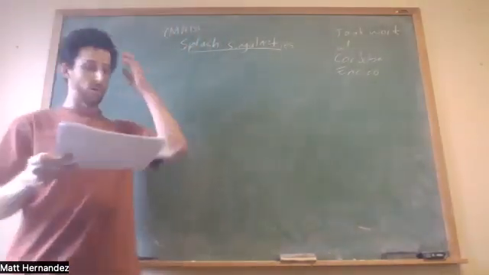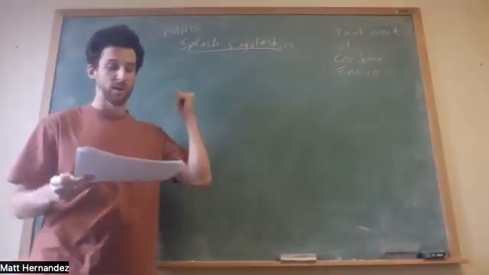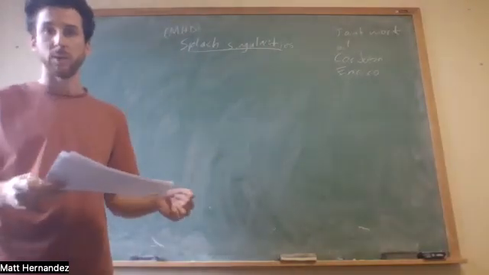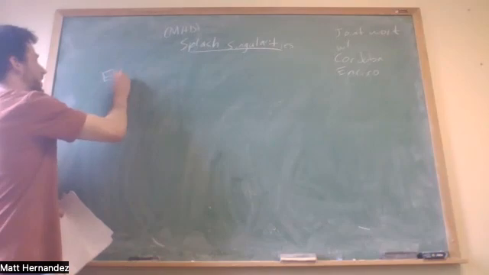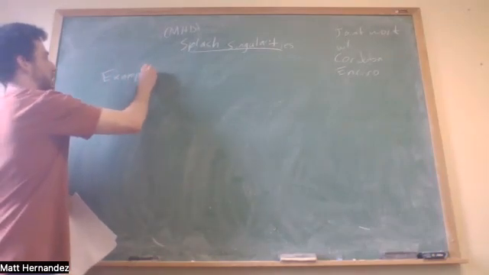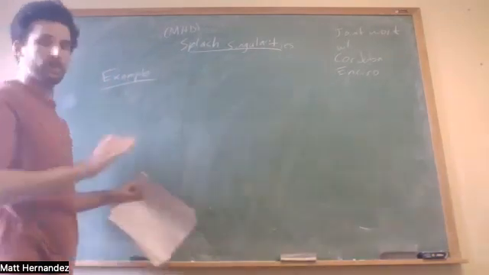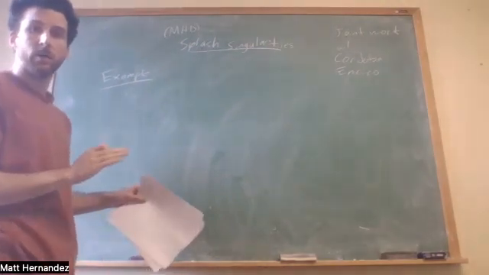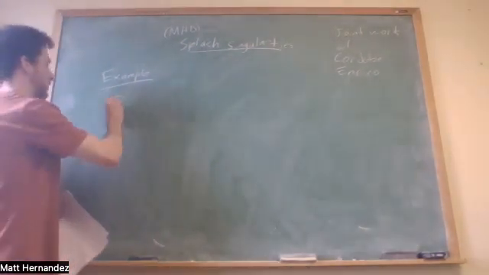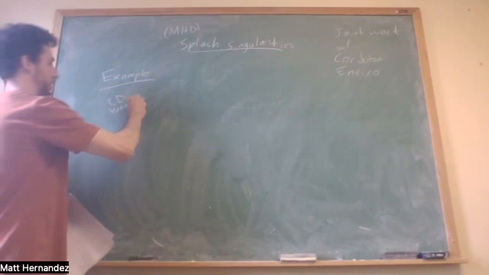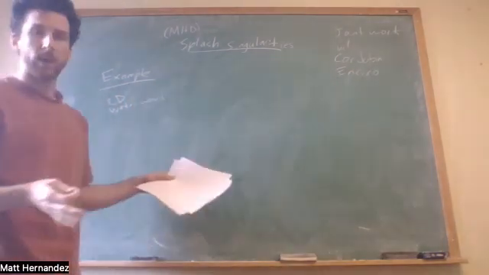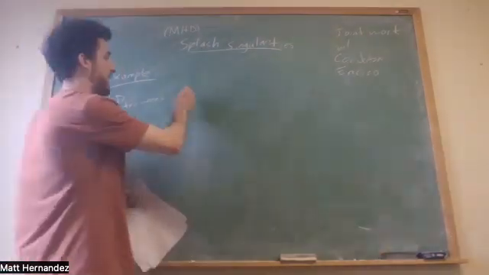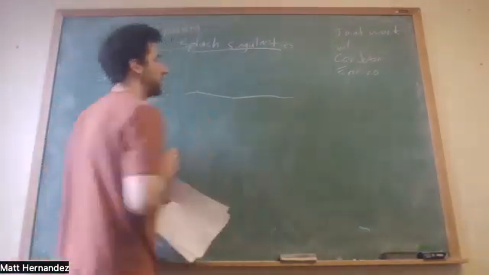Right. So what is a splash singularity? First of all, we should be thinking of a fluid equation with a free boundary. I want to talk about a specific example, so just to keep things very simple, let's talk about the water wave equations. They are basically given by taking some smooth interface.